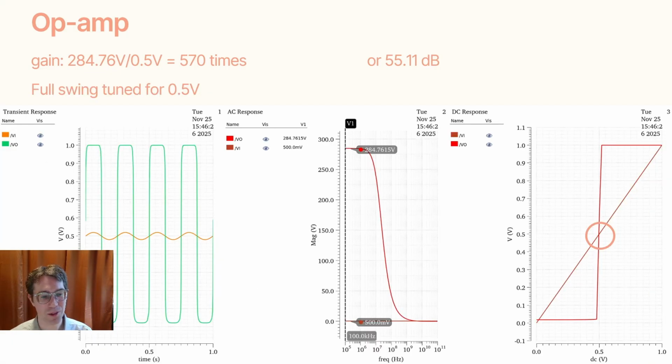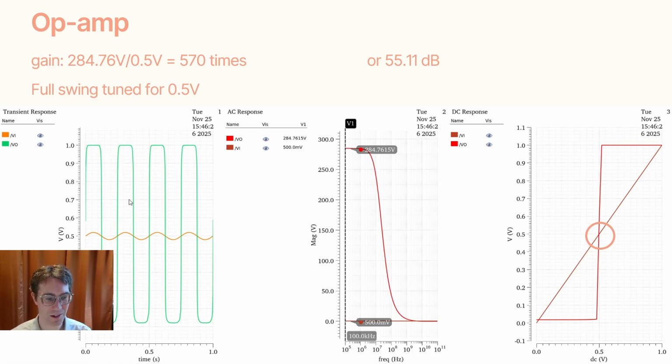The op-amp was specified to achieve at least a gain of 500 times. So we went a little bit above and beyond, and as you can see, from left to right, we have a transient response where, with an input signal centered at 0.5 volts and varying by, I believe it was only 20 millivolts, we get saturation.